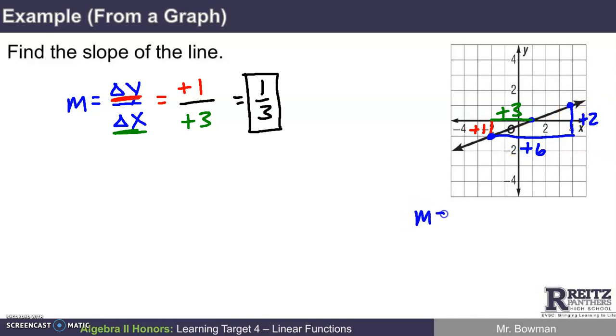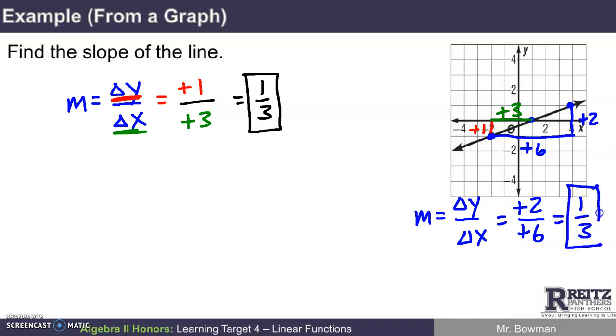And if I had calculated the slope for those 2 points the same way, delta y is 2, delta x is 6, and 2/6 is the same as 1/3. So if you're working with a linear function graph, as long as you pick 2 points around the graph, we should end up with the same slope.